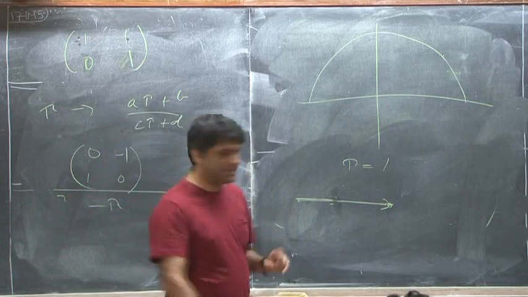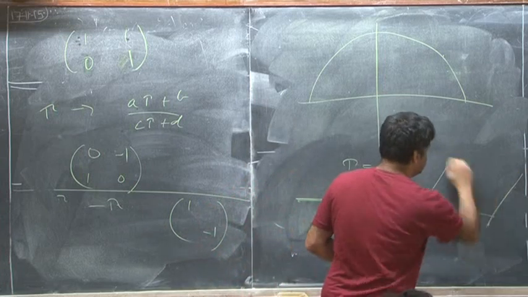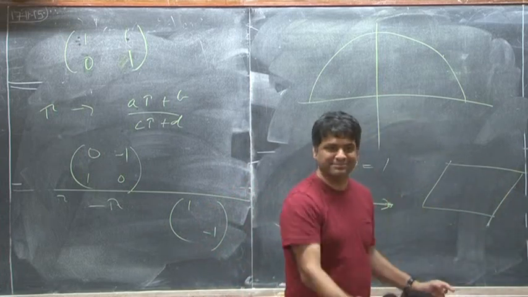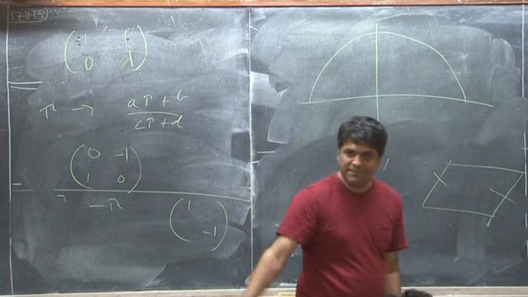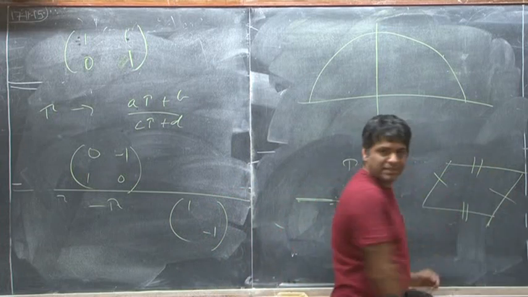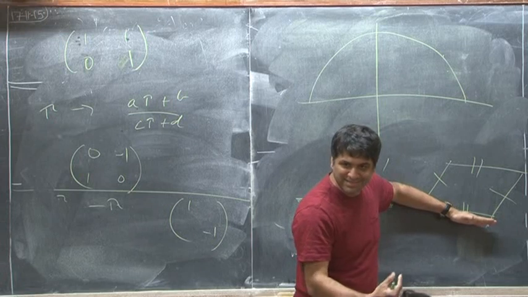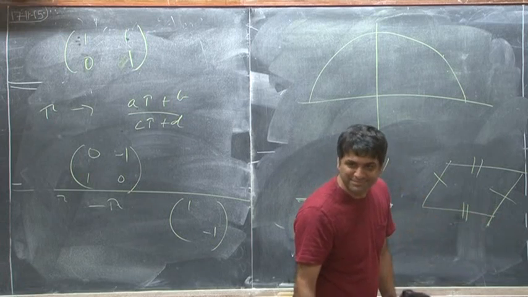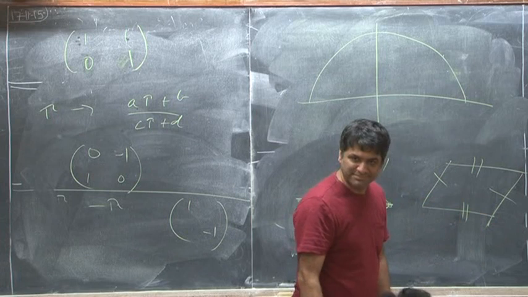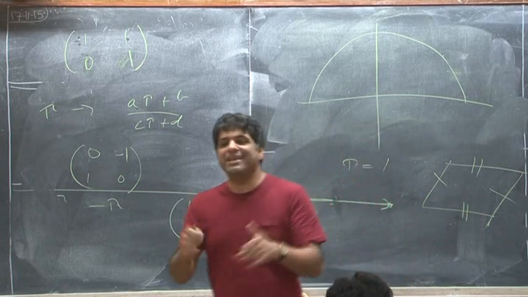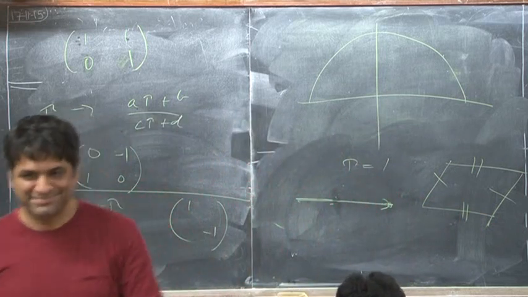You should think of the torus as this with sides identified: this is identified with this, and this is identified with this. Clearly something singular is happening here. You want two linearly independent periods.